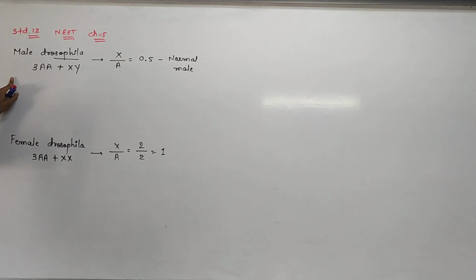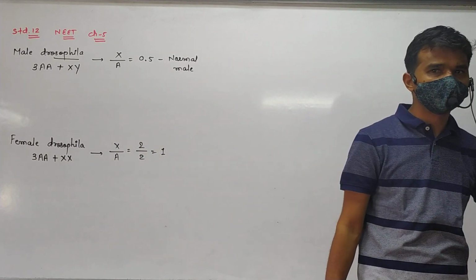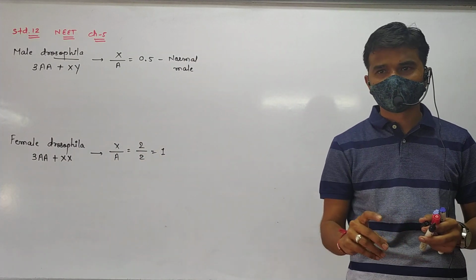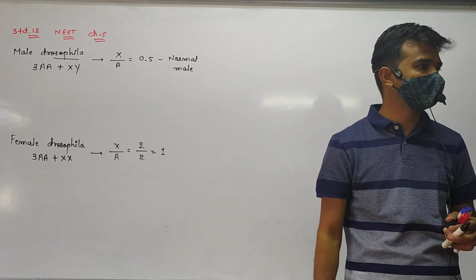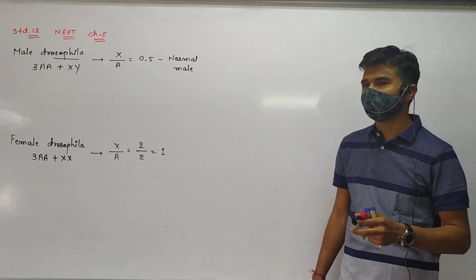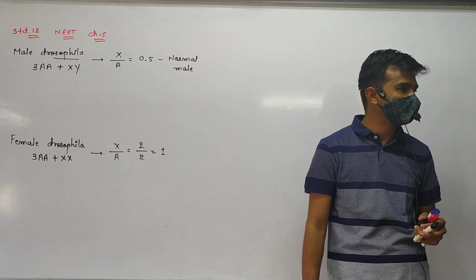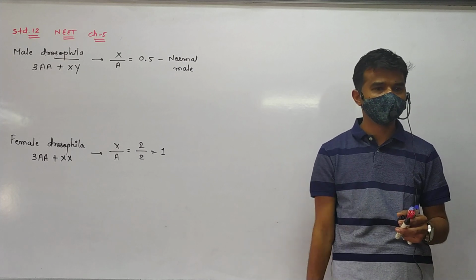Now in the previous lecture we had drawn the genetic balance theory. In that theory, during the experiment by Bridges, a student of Morgan, he identified a triploid female, and this triploid female is fertile.